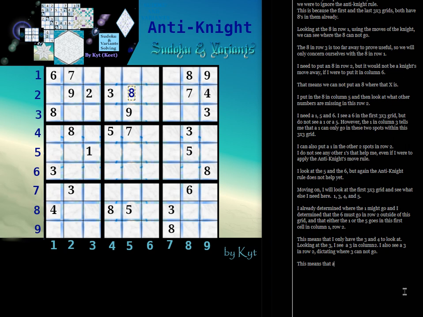This means that a 3 can only go in column 3. But when we look at row 3, we see another 3. This means we can put the 3 in row 1.